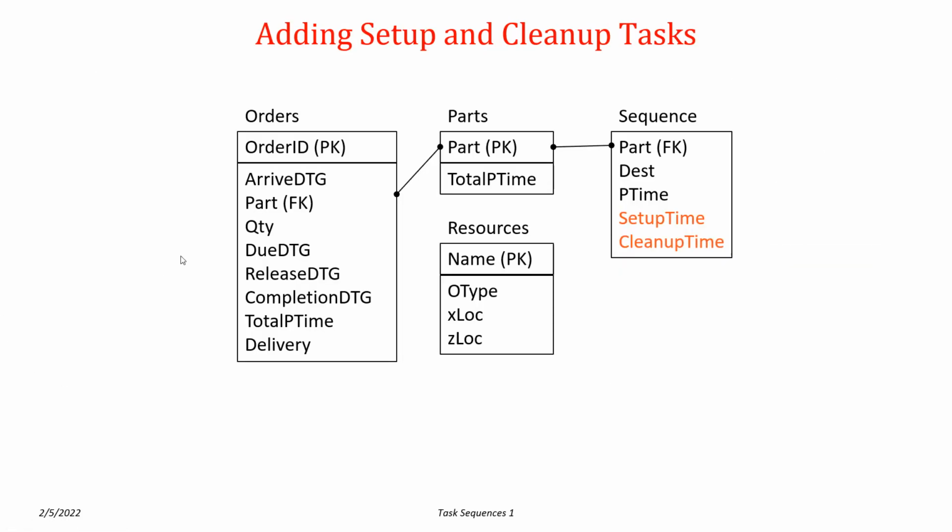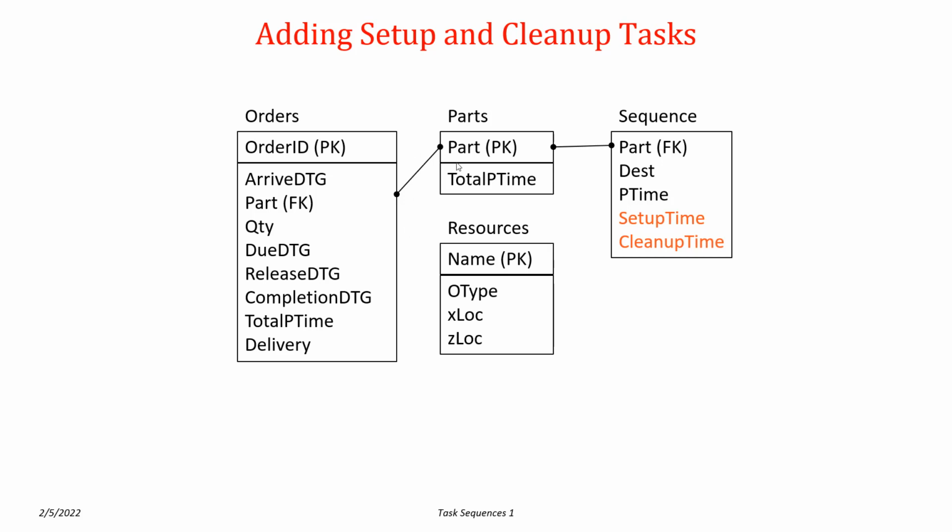Recall from our previous model that we have the resources table that defines the individual resources, the object instances used in the model. Then we have a part table that defines the parts, a sequence table that defines the sequence of operations, and the orders table which defines orders for particular parts and in particular quantities.